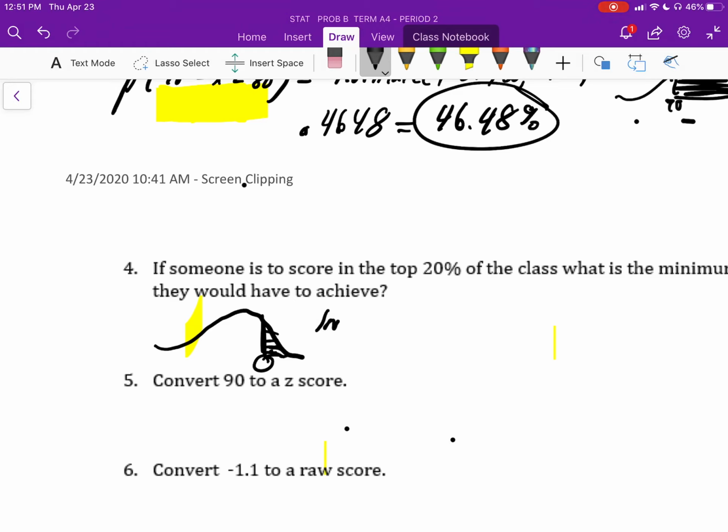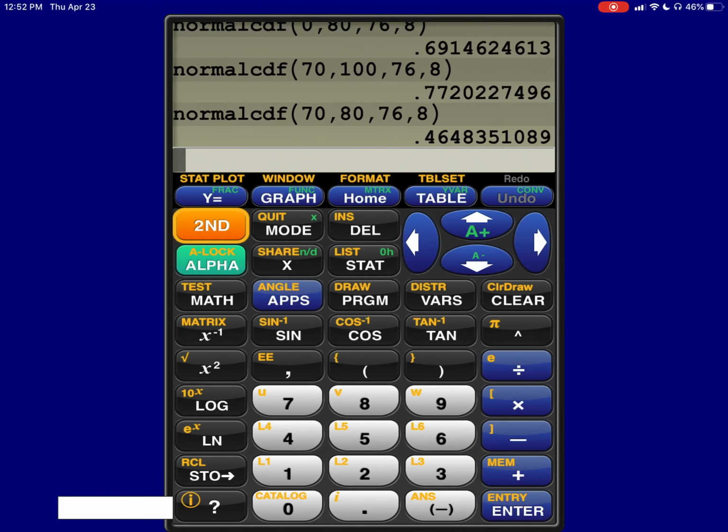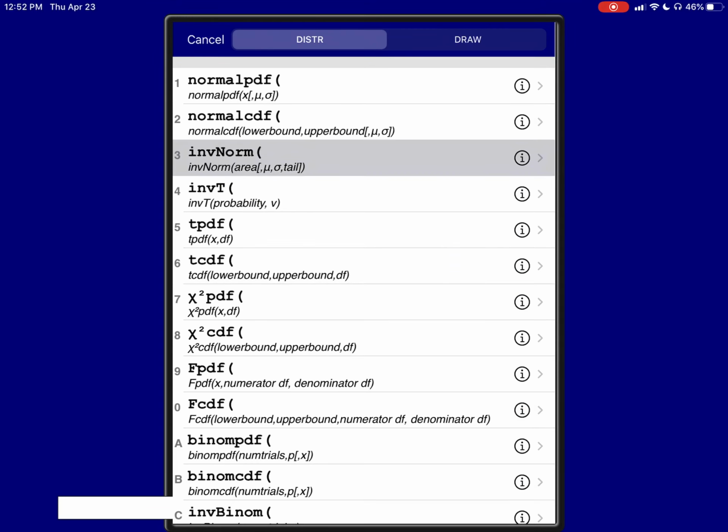All we have to put in is the percent, and then as with the other function, the mean and the standard deviation. So 76 and 8. And we find that function in the same place that we found the other one, second bars, except we use the third one.